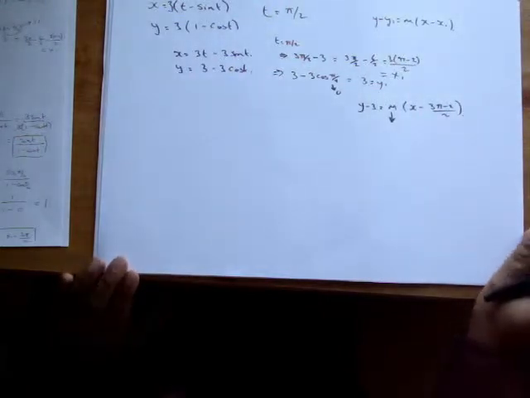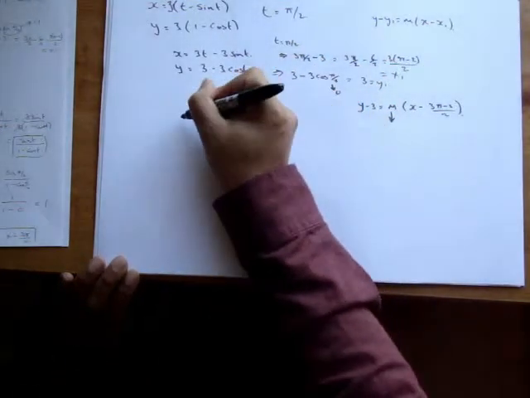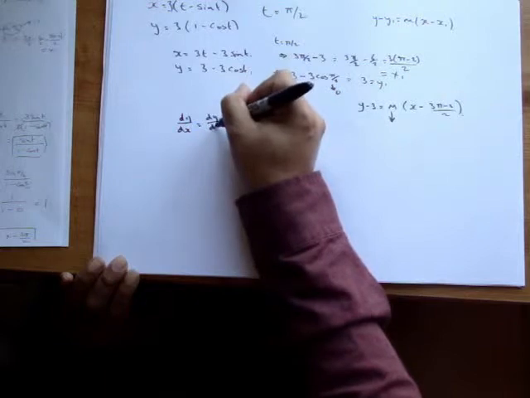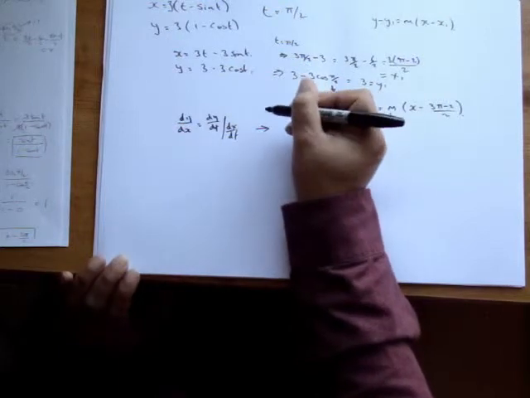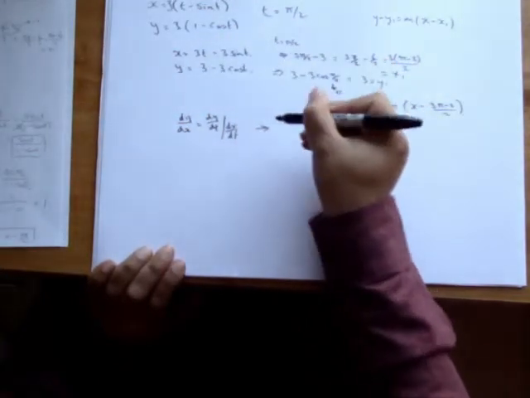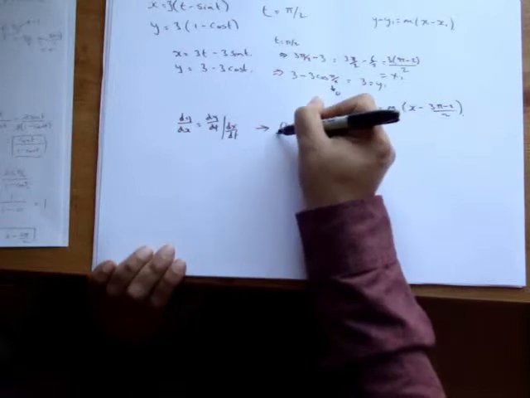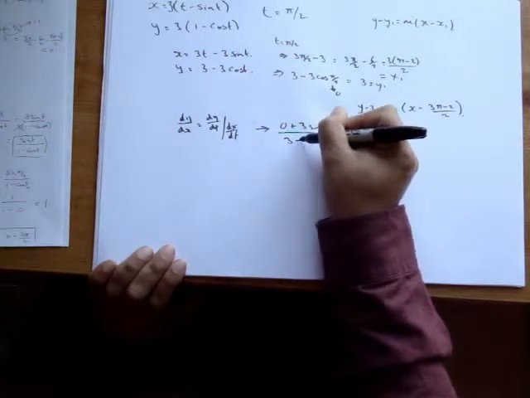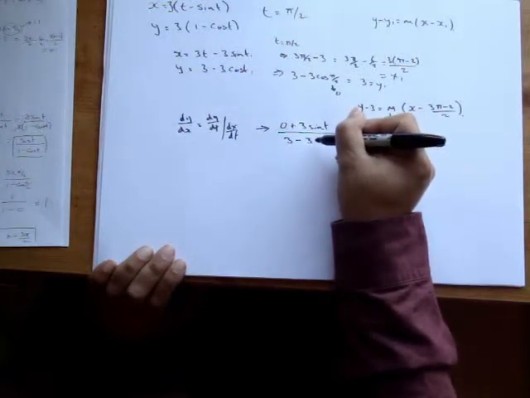So let's use parametric differentiation now on these two that we've done here. dy over dx is dy by dt divided by dx by dt. dy by dt, when we differentiate 3 minus 3 cos t, becomes 0 plus 3 sine t, divided by dx by dt, which is 3 minus 3 cos t.